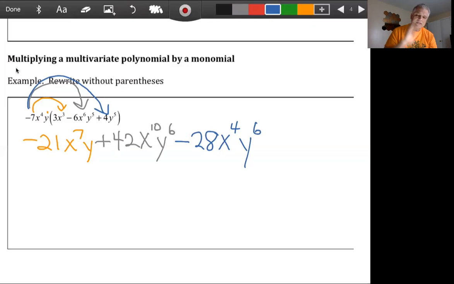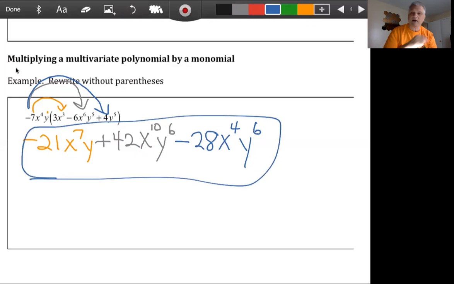Okay. Now, can we combine any of these terms? The first term has x and y. The second term has x and y. The third term has x and y. Cool. Now we just have to see if they have the same exact exponents. This x is to the 7th. This x is not. This x is not. I know now immediately I cannot add or subtract these terms. This is my final answer.